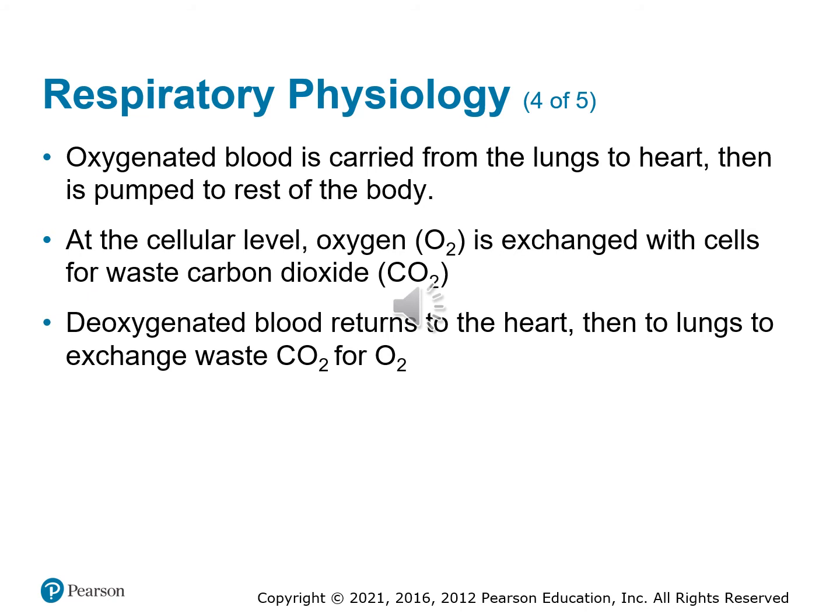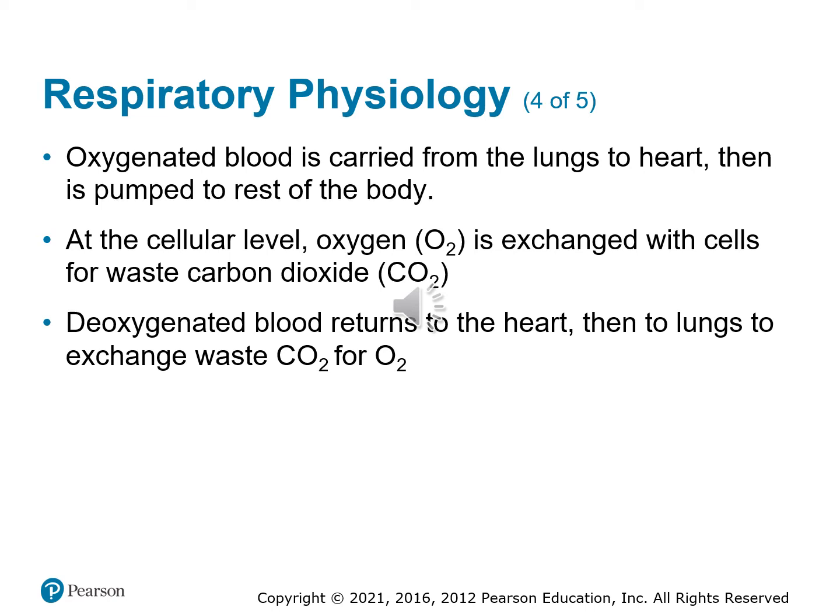So when we talk about the physiology of the lungs, now that we know where that air is going, let's talk about oxygenated blood. This is carried from the lungs to the heart and then is pumped through the rest of the body. As I said, all cells within the body require oxygen, so it's important that we get the oxygen connected to those hemoglobin molecules and that we have good circulation in order to disperse that oxygen throughout the body.